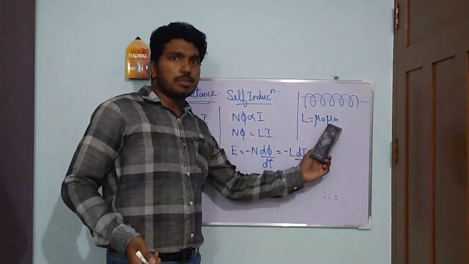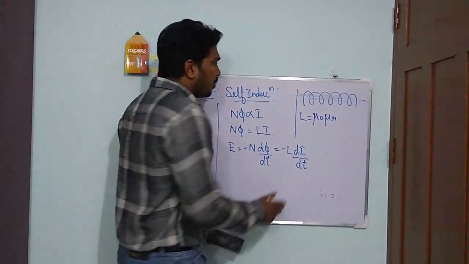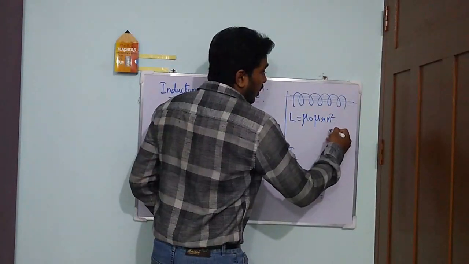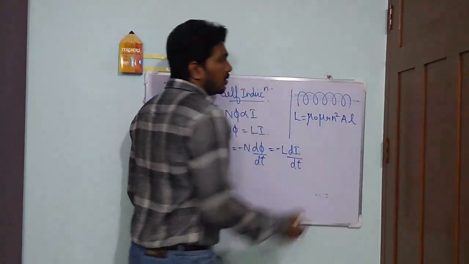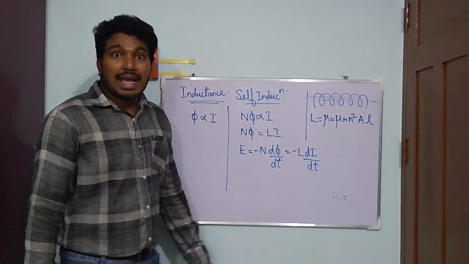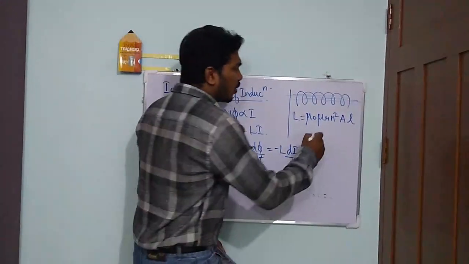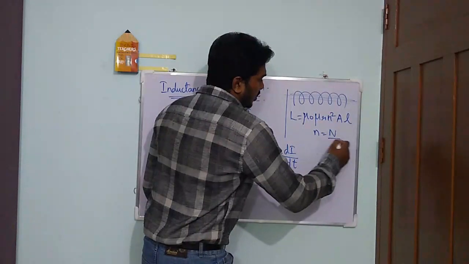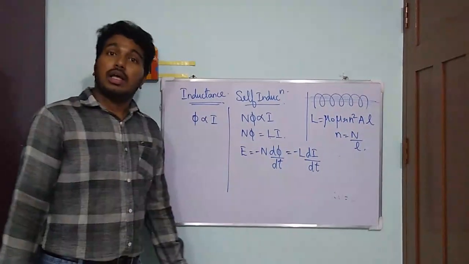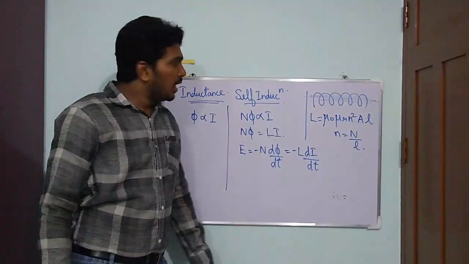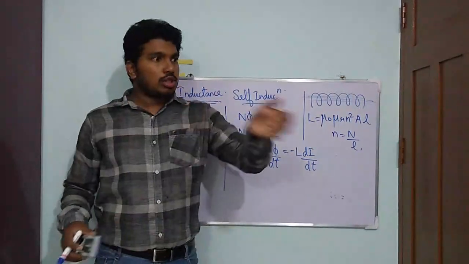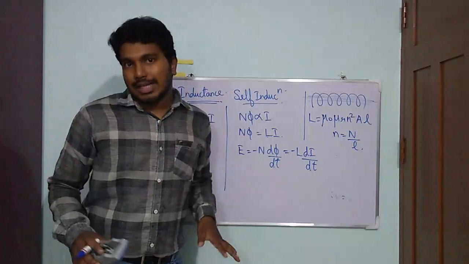If it is there, we will use mu r, otherwise we don't use mu r. Small n is the number of turns per unit length, and A is the area of cross section of this coil. Some other important results are also shown on the screen right now, so you can learn that also.